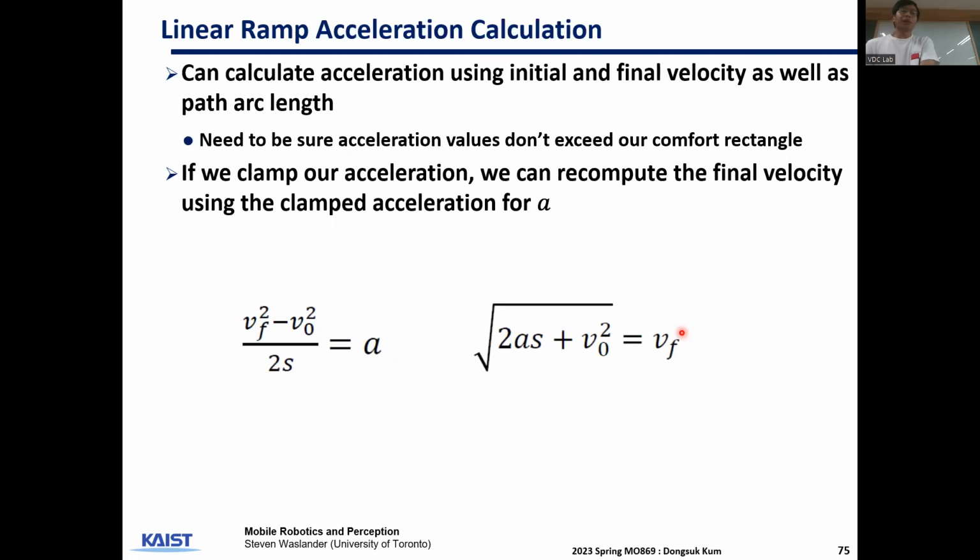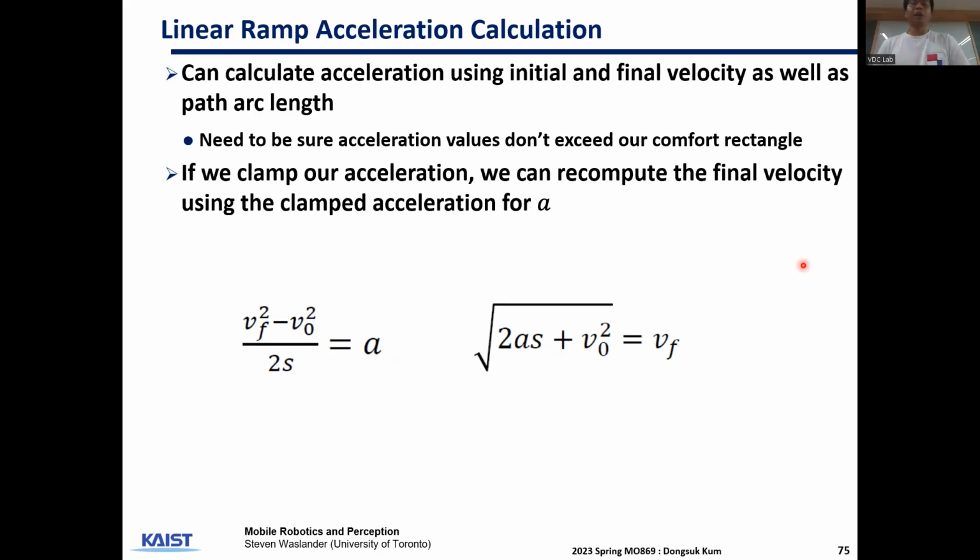Using the linear ramp profile, we can calculate acceleration using initial and final velocity as well as the path arc length. But we also need to be sure that the acceleration values don't exceed the earlier comfort rectangle.